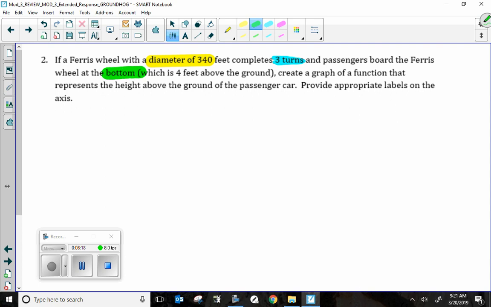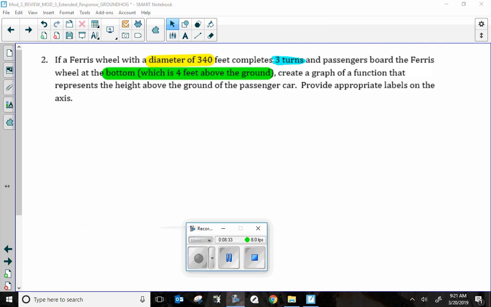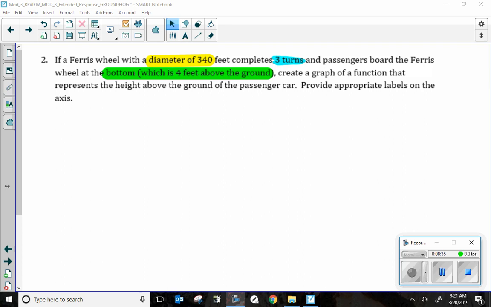The bottom is 4 feet above the ground. Create a graph of a function that represents the height above the ground of the passenger car. Provide appropriate labels on the axis. We do not need to come up with an equation, but I always like to draw.